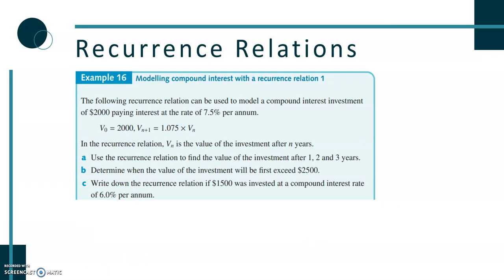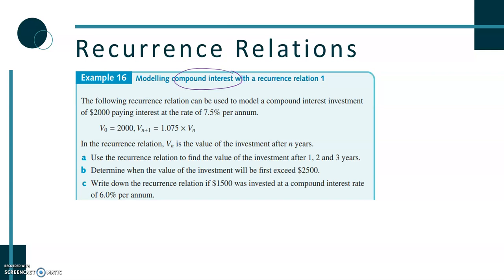Okay, the next example. So now we're moving into some work with compound interest. A key thing that we need to remember here, when we're looking at compound interest, either investments or loans, is our general rule, our key recurrence relation.